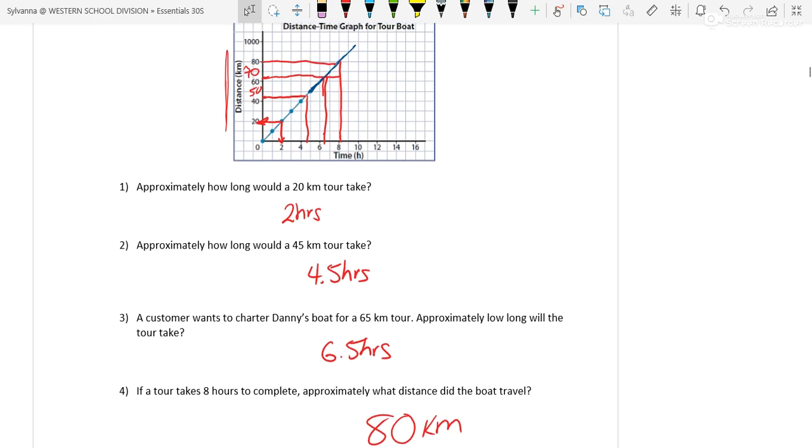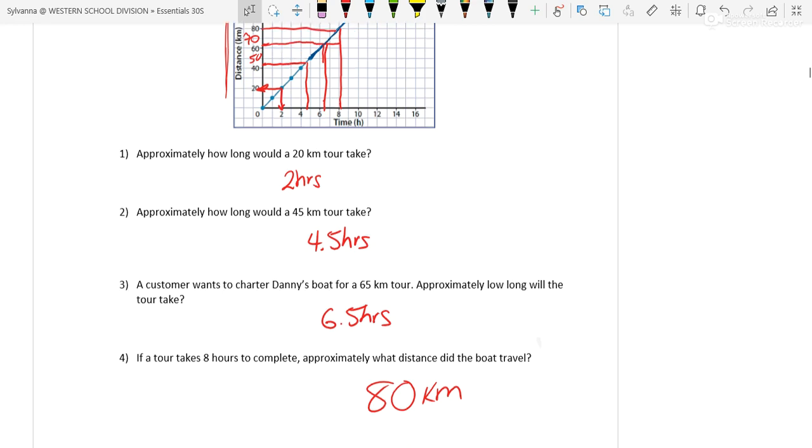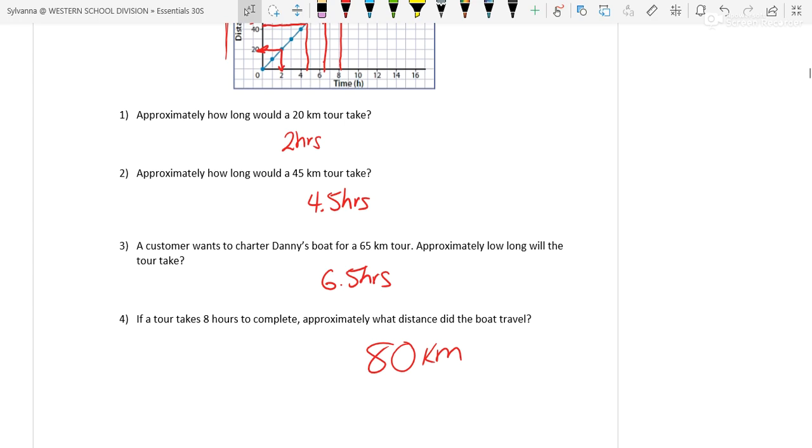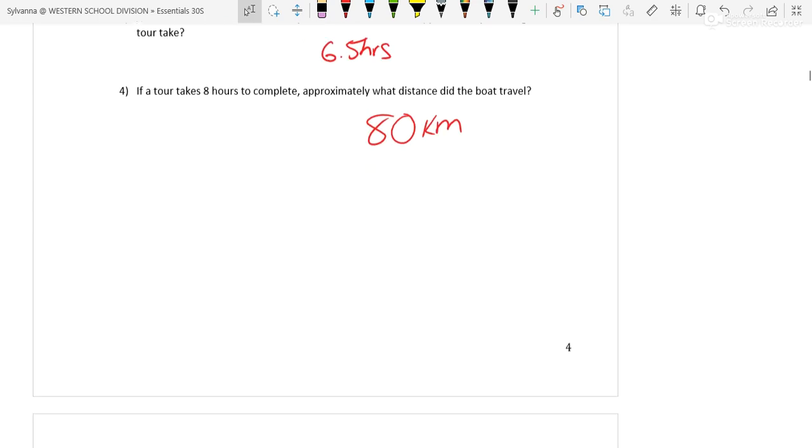You can see the relationship between the hours and the distance. It seems like you're multiplying by 10. 2 times 10 is 20. 4.5 times 10 is 45. So the distance is 10 times the number of hours.